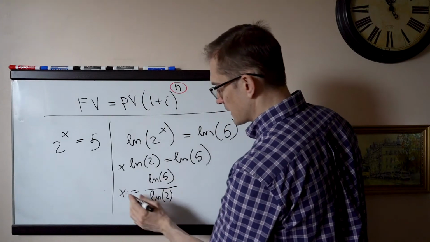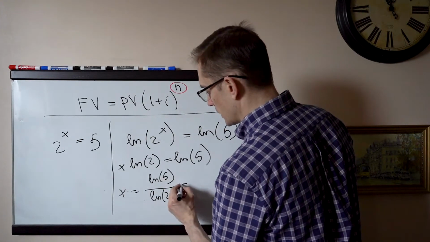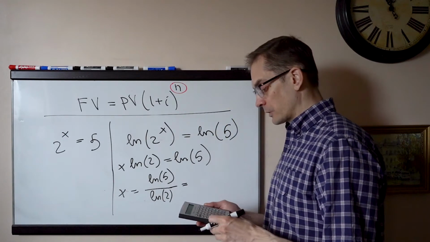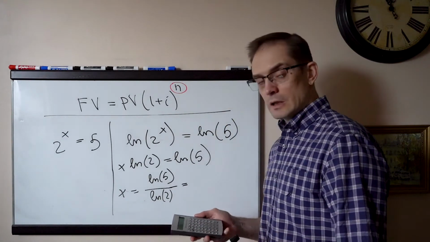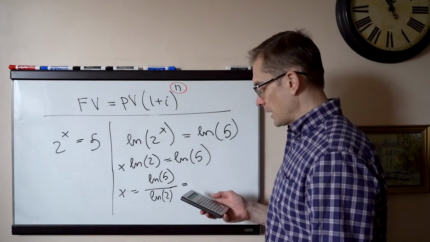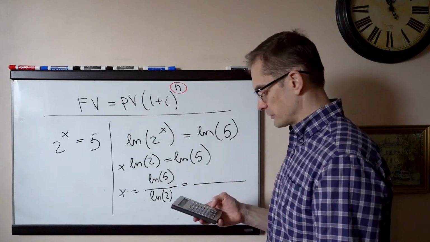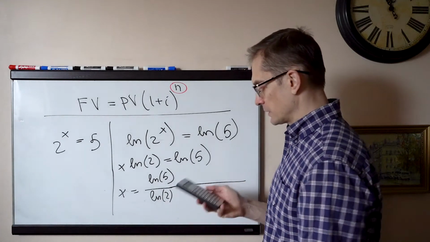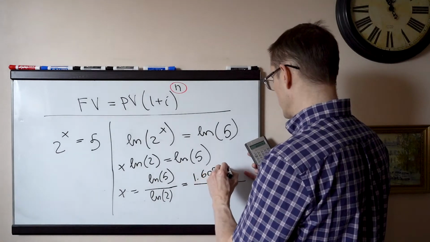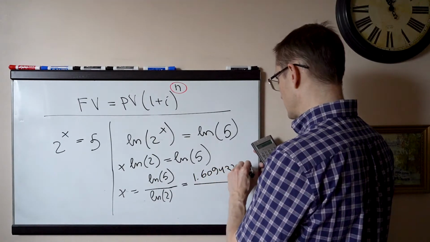Now that's the kind of result we are ready to calculate using our calculator. Any calculator has that natural logarithm built in, and all you need to do is say 5, and finding the logarithm of that will be 1.609437912.